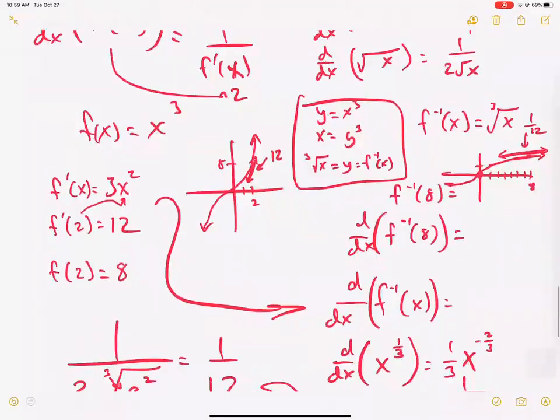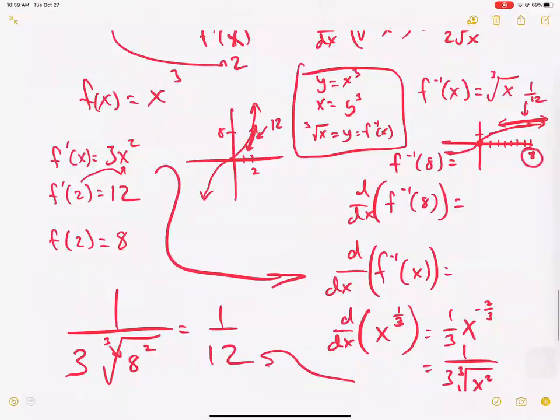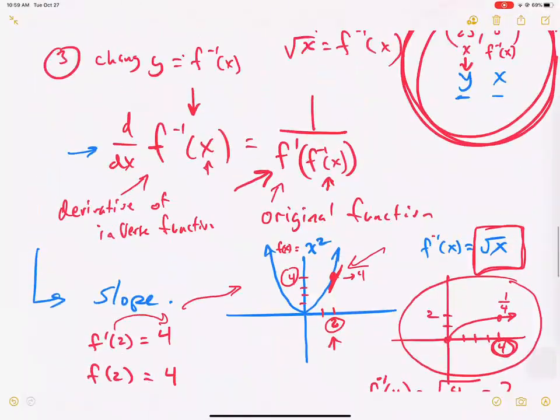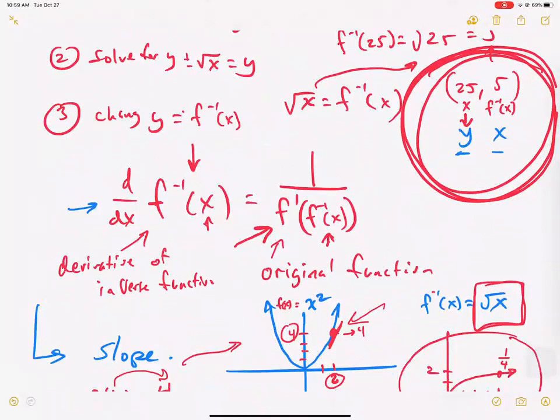Over here, if I'm trying to find the derivative at 8, I'm really looking for the derivative at 2, the inverse value. And that's actually what this equation said. The derivative of the inverse function is really the derivative of my original function, but with the inverse value, which is the x value. So if this is y in the real world, this is x in the real world.